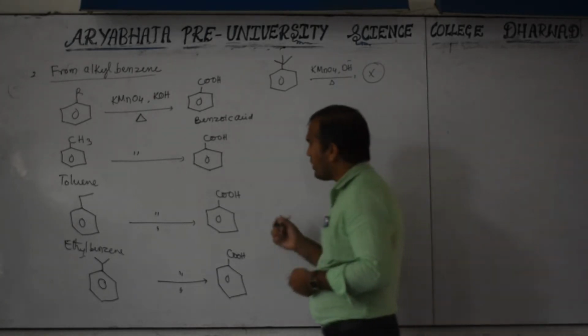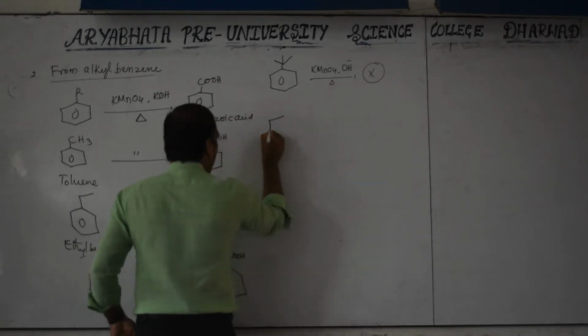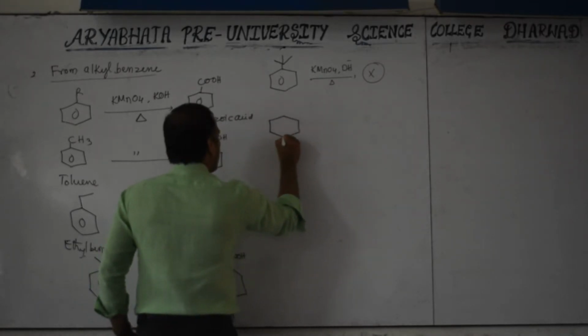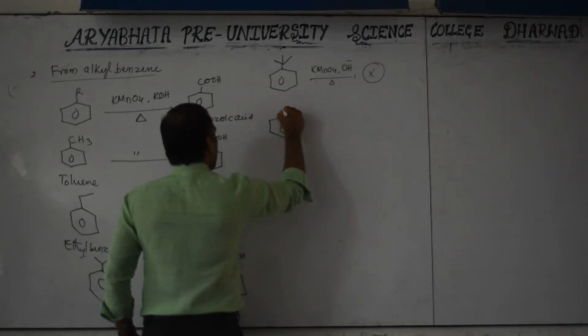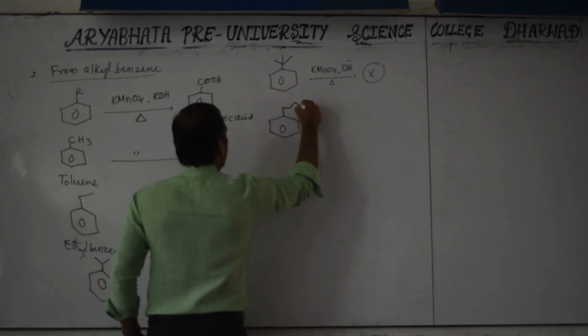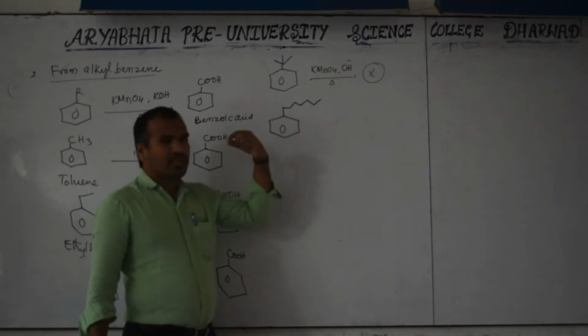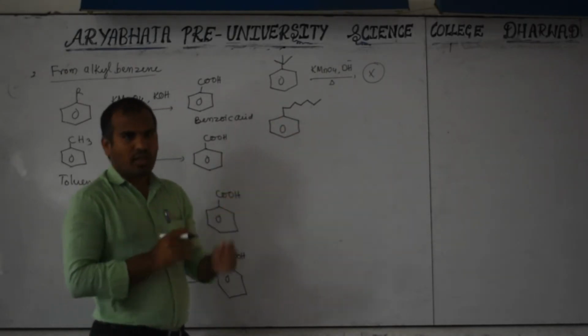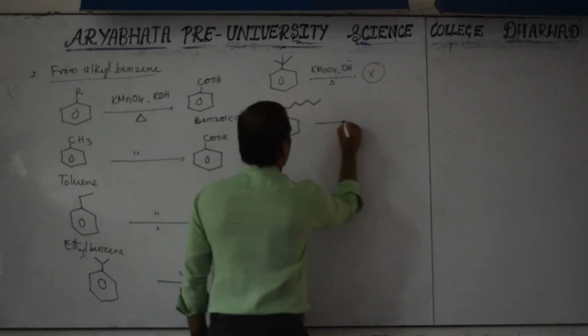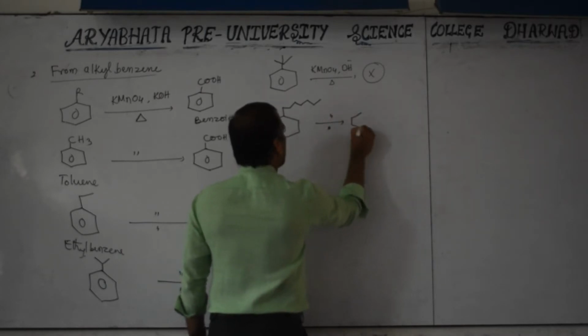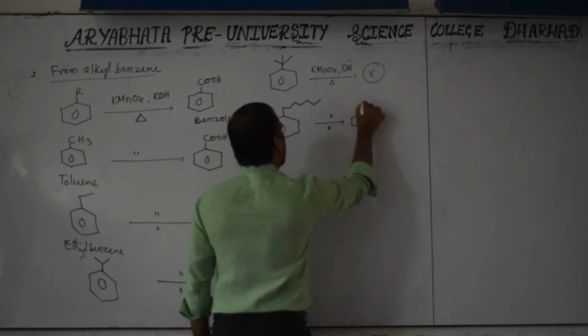Now one more example for your understanding. Whatever the benzene side chain, its length bigger or smaller, it converts into benzoic acid.